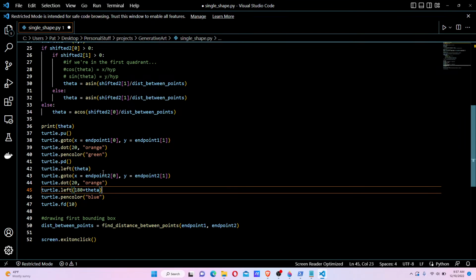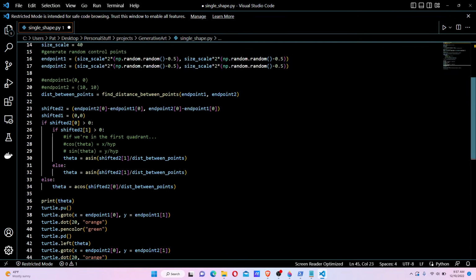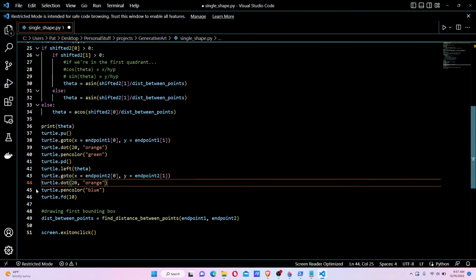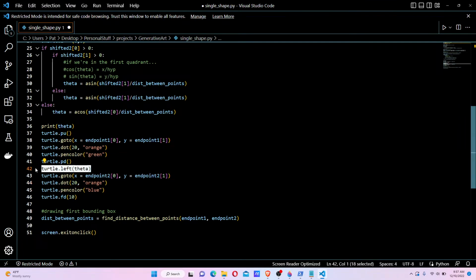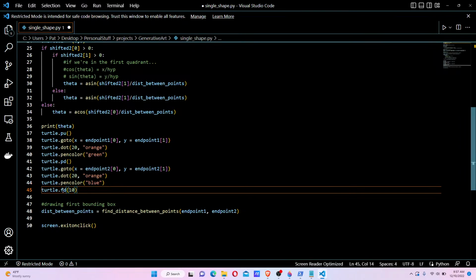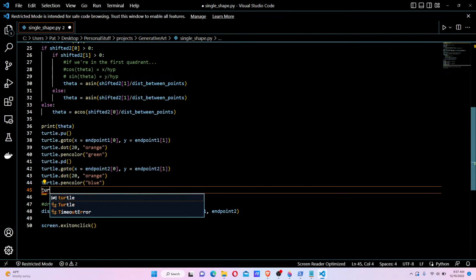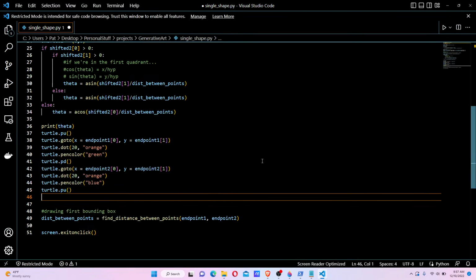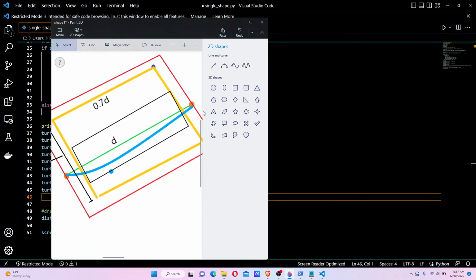So I guess we could forget about that turning stuff, leave all that theta stuff out. Then we want to pick up the turtle. What pen color should this be?